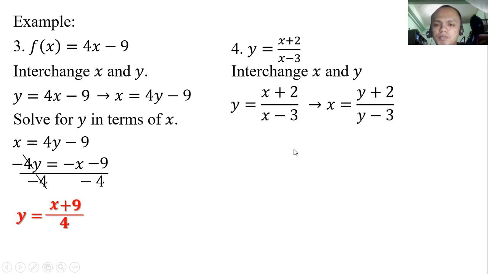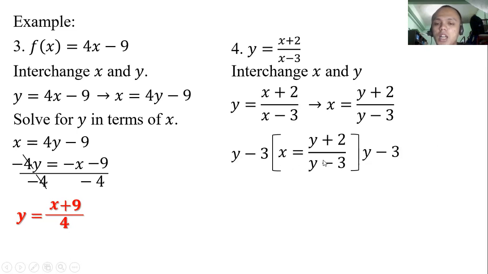And then solve for y in terms of x. Since may denominator tayo dito, we will multiply both sides by y minus 3, which is the denominator para matanggal. So we have y minus 3 times x. So we have xy, negative 3x, equal to, cancel out na natin to, y plus 2.